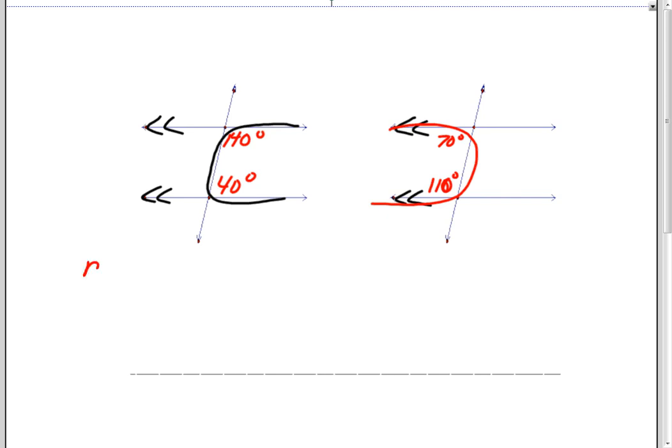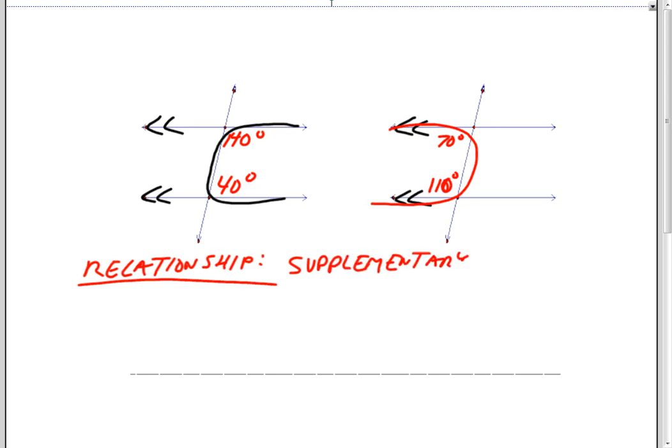What's the relationship this time between the angles? They're not equal. What are they? Supplementary. 180 degrees. This chapter is going to be very similar to our vertical angle linear pair chapter in that things are either going to be equal or they're going to add up to 180 degrees.